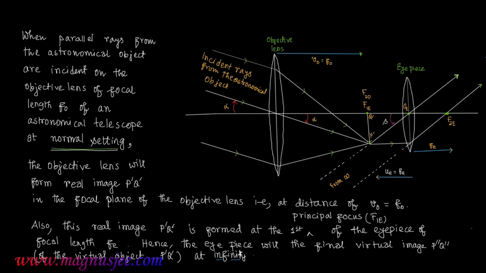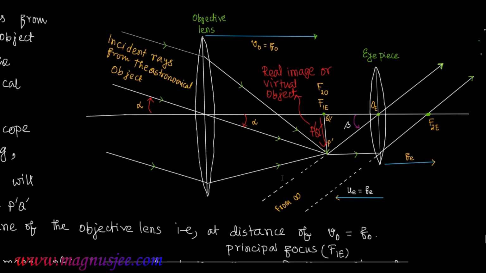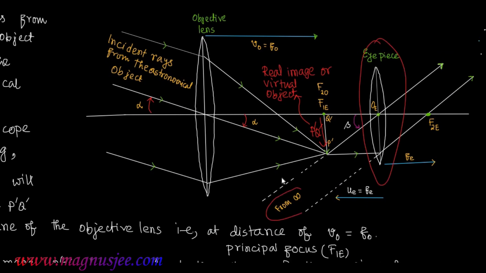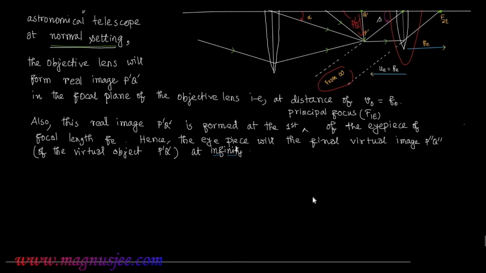In this case, the real image P prime Q prime behaves as a virtual object with respect to the eyepiece, and this eyepiece forms the final image at infinity.